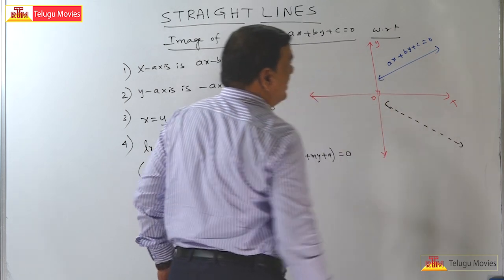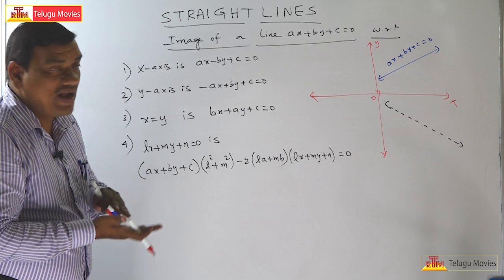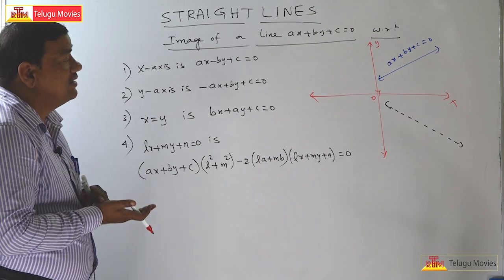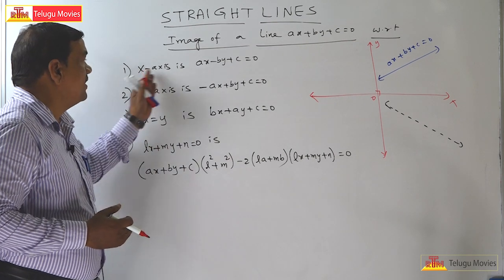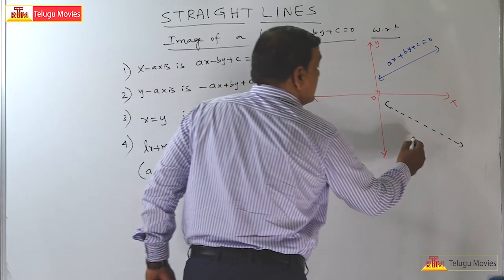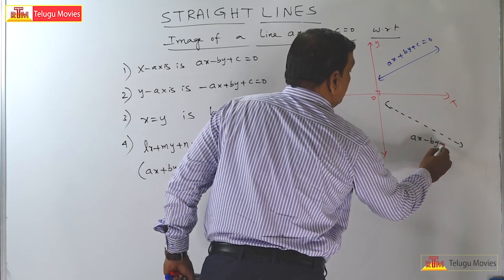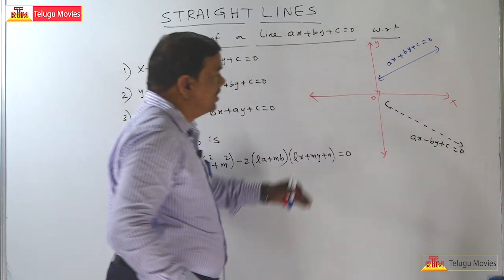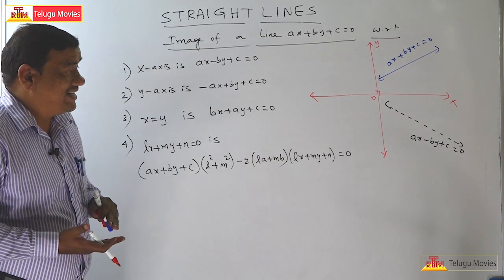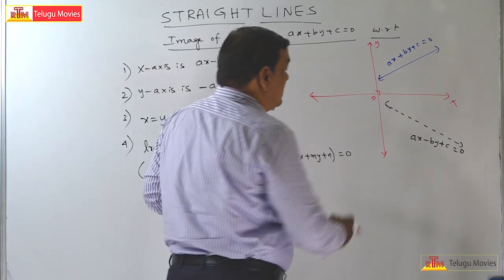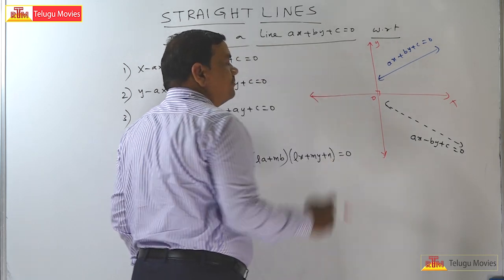If you imagine the x-axis as a mirror, the image of ax plus by plus c is equal to 0 will be ax minus by plus c is equal to 0. That is the image of the line ax plus by plus c with respect to the x-axis. Don't think that only if you take the line here, its image will be here.